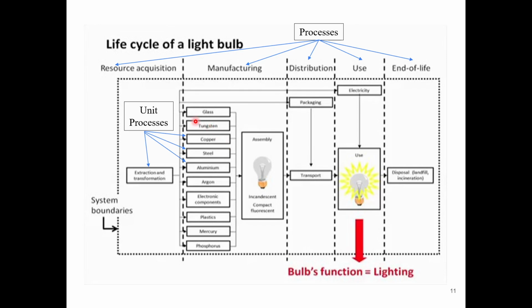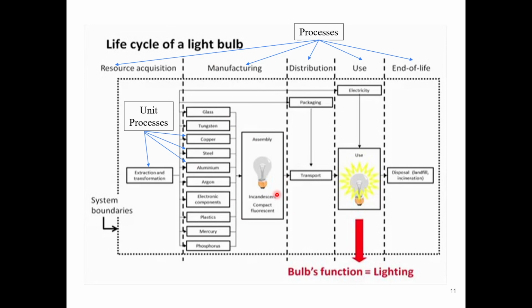Manufacturing has unit processes using various elements such as glass, tungsten, copper, steel, aluminum, argon, electronic components, plastics, mercury, phosphorus. These will be the unit processes required for the creation or assembling of the bulb in an assembly chain.